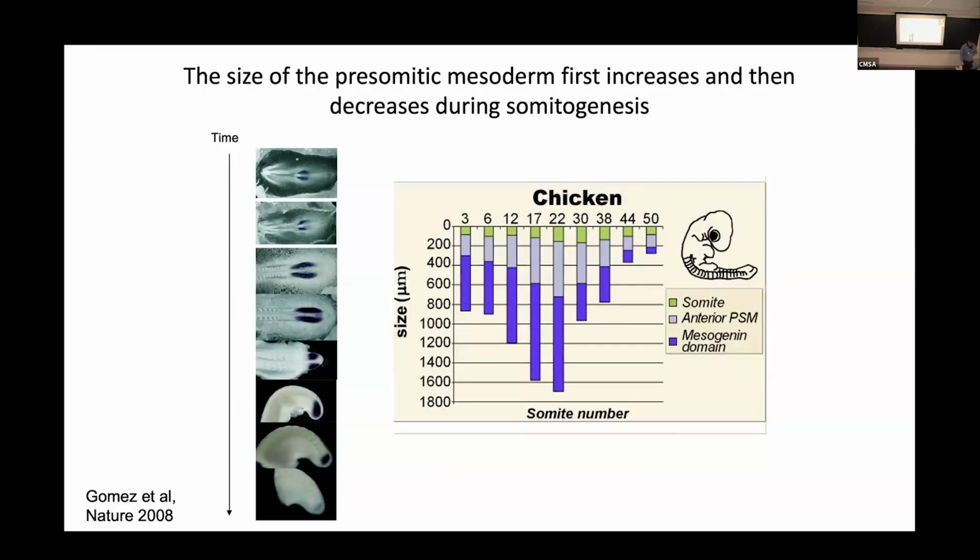And this is going to lead to this: if you measure the size of the presomatic mesoderm, the posterior tissue where we see the oscillations, and how it changes in time, you see here that it first increases, and then when the embryo slows down, it starts to drop because the somitogenesis is still constant.